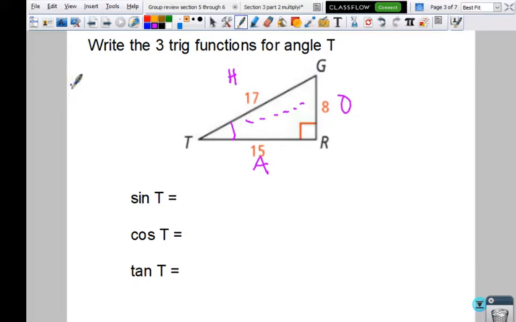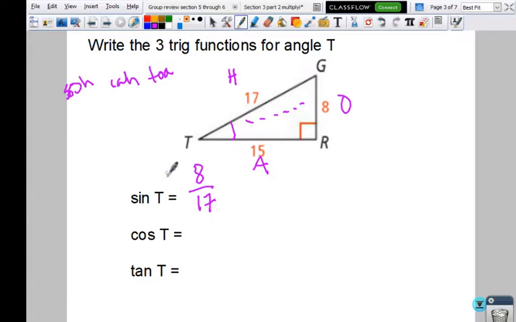I'm going to write down my acronym again too. If I'm going to do sine of angle t, that equals opposite over hypotenuse. My opposite is 8 over my hypotenuse, which is 17.